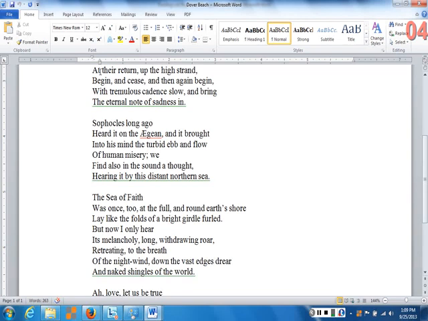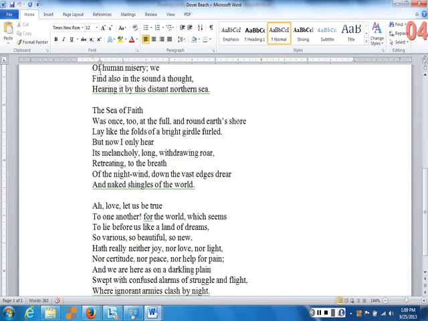The sea of faith was once too at the full, and round earth's shore lay like the folds of a bright girdle furled. But now I only hear its melancholy, long withdrawing roar, retreating to the breath of the night wind down the vast edges drear and naked shingles of the world.